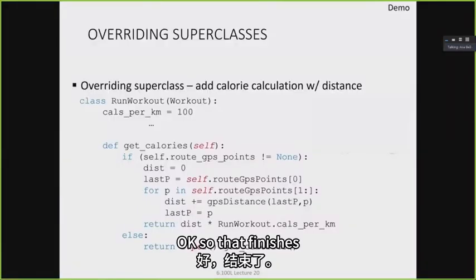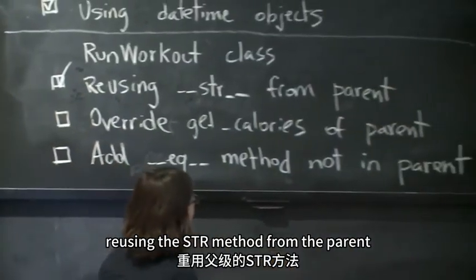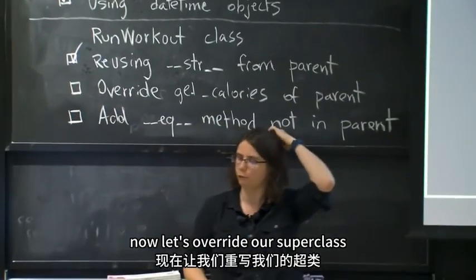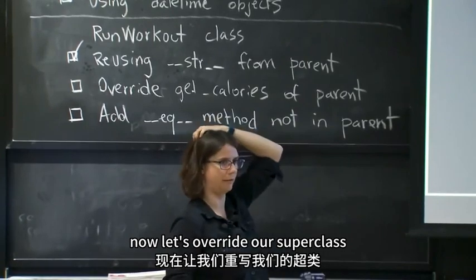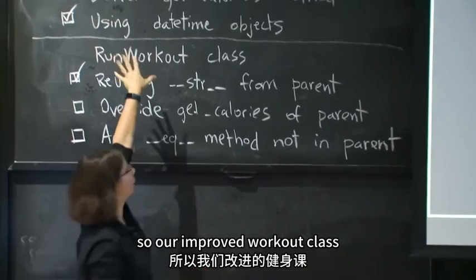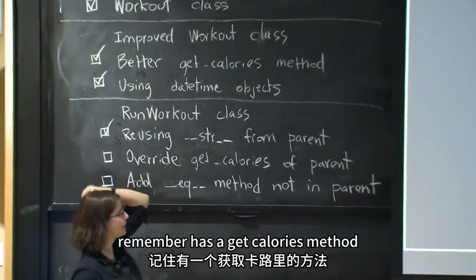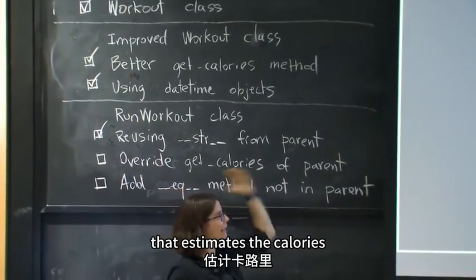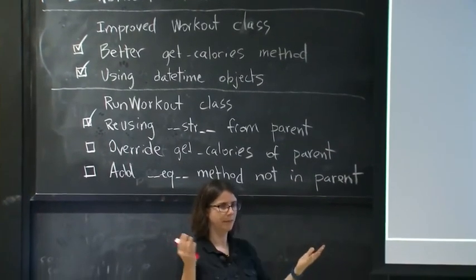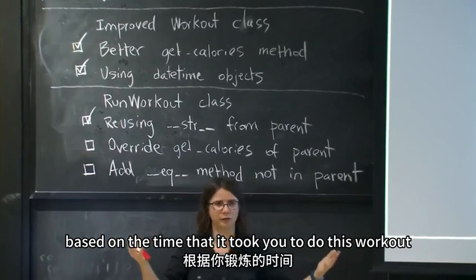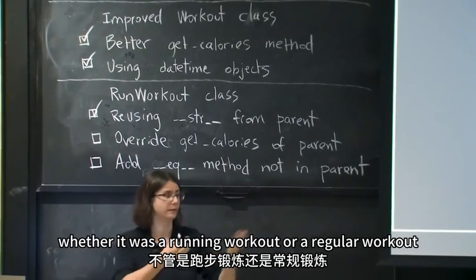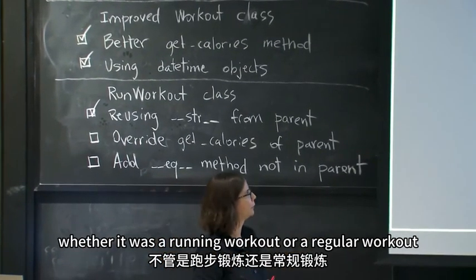Okay, so that finishes reusing the str method from the parent. Now let's override our superclass. So our improved workout class, remember, has a getCalories method that estimates the calories based on the time that it took you to do this workout, whether it was a running workout or a regular workout.